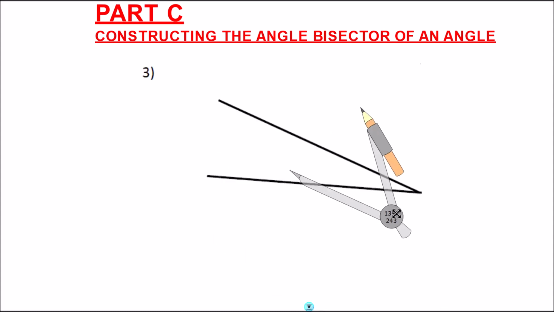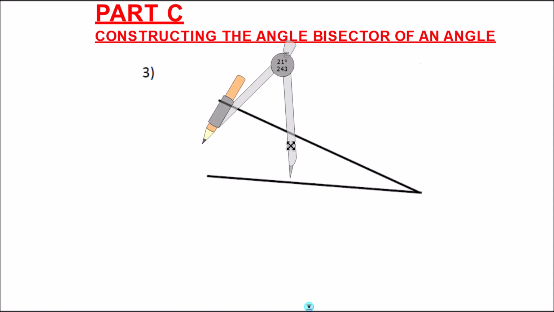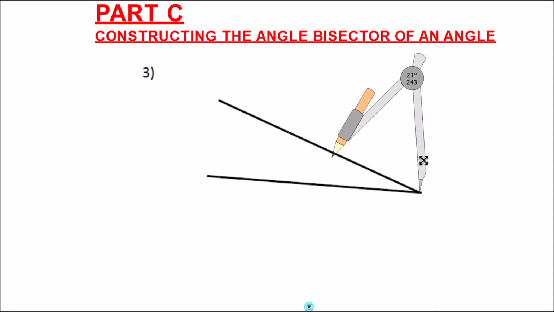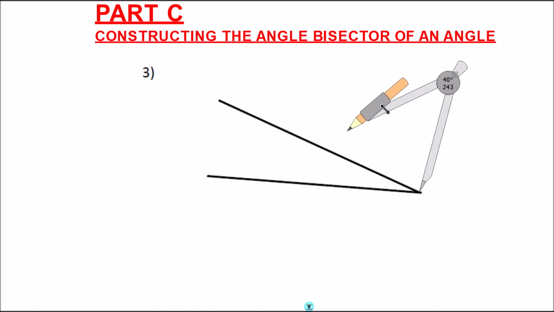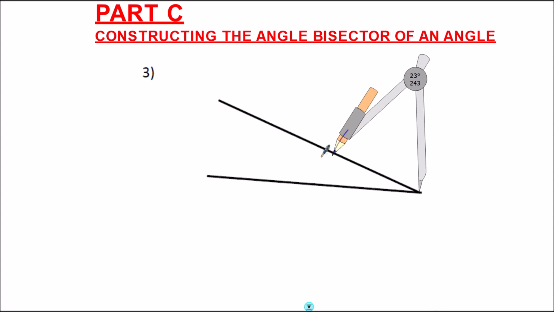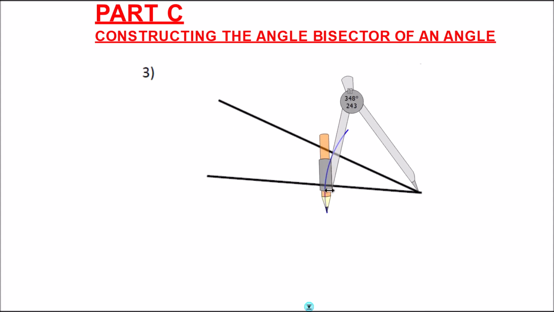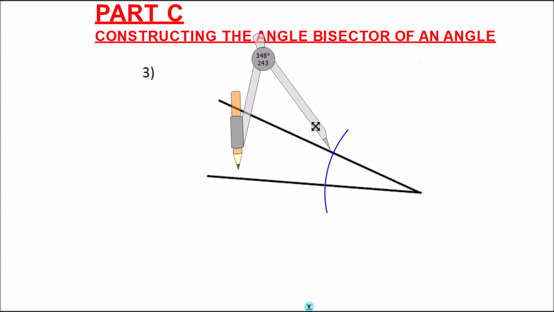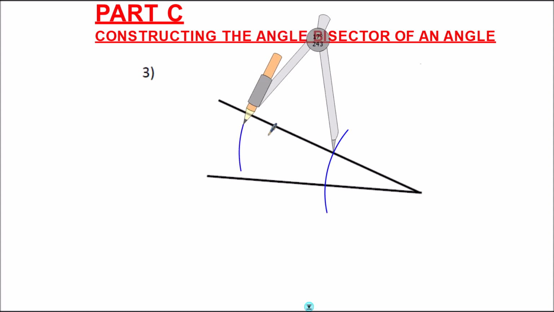Question 3. Once again, we're going to put the needle where the angle begins, like so. Cut the angle at the top and bottom edge. Move the compass needle to where the curve cuts the top edge, and do a curve in the middle of the angle.